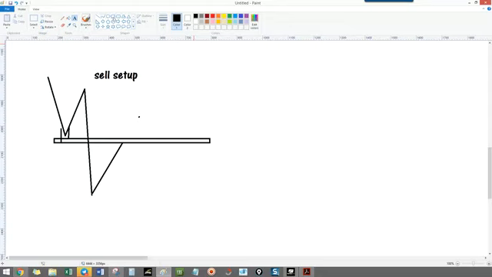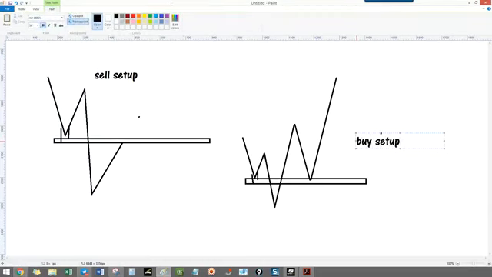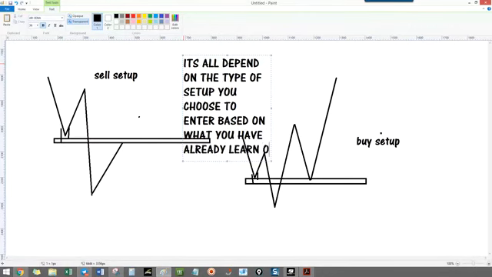If you find it on QM, it will be for buy setup. It all depends on the type of setup you choose to enter, based on what you have already learned in chapter 1 up to 4.